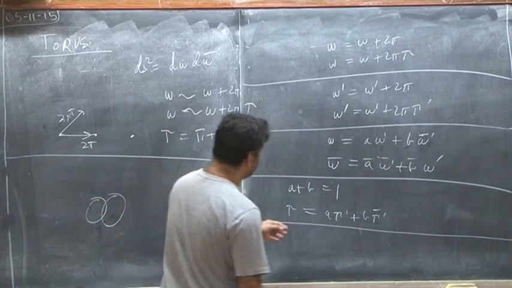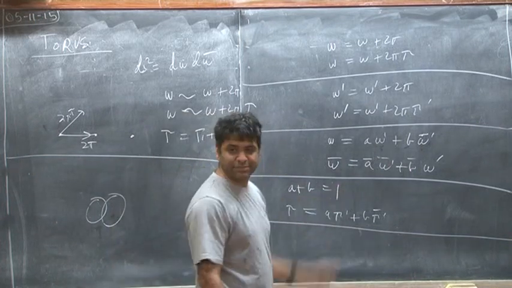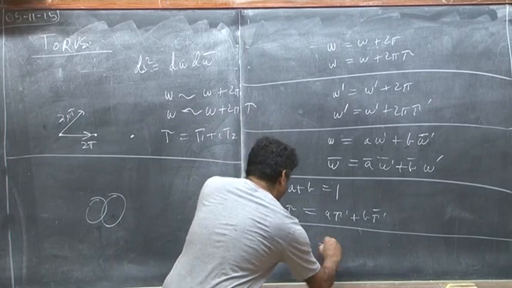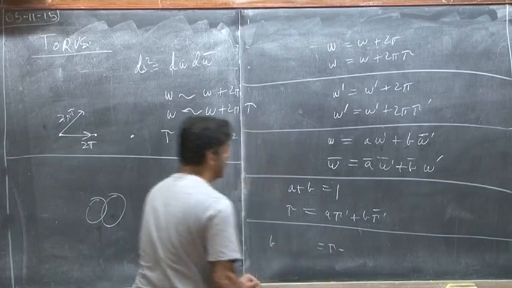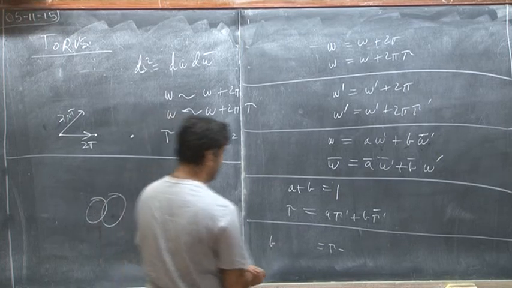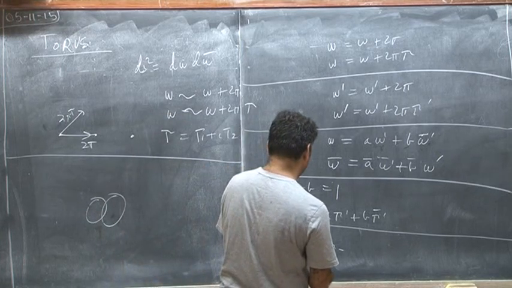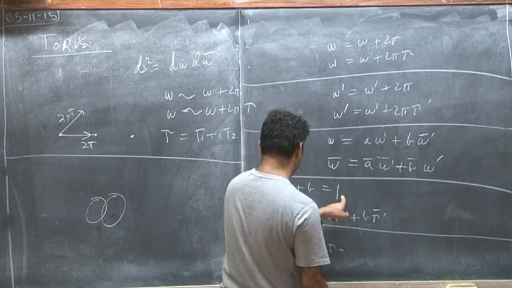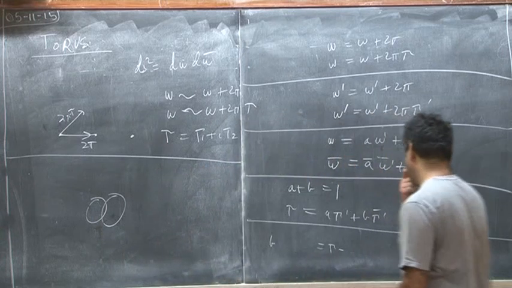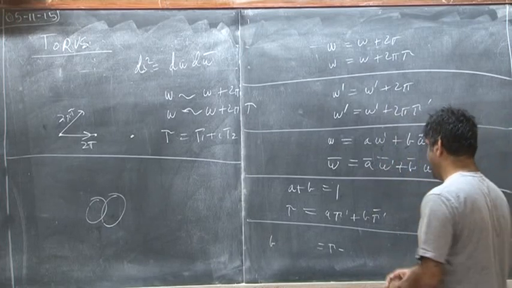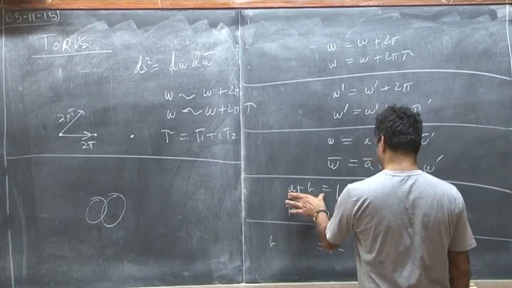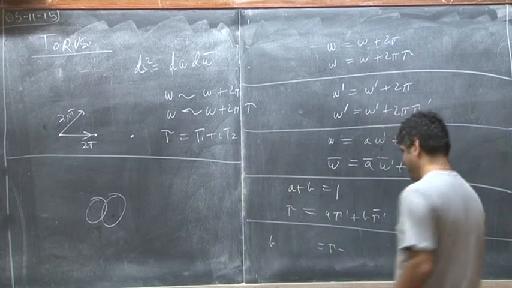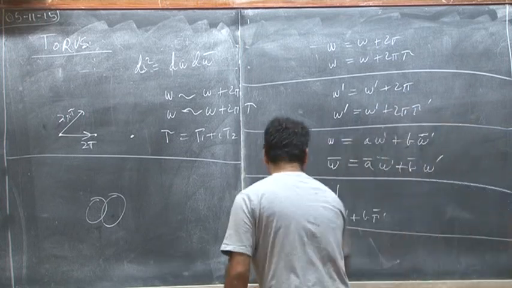In order to solve the equation, what we do is multiply the first equation by tau' and subtract.